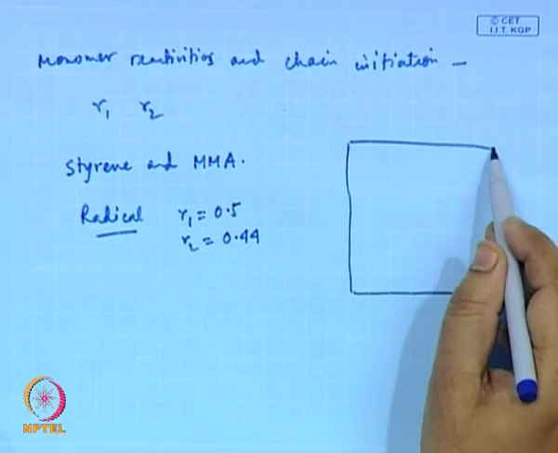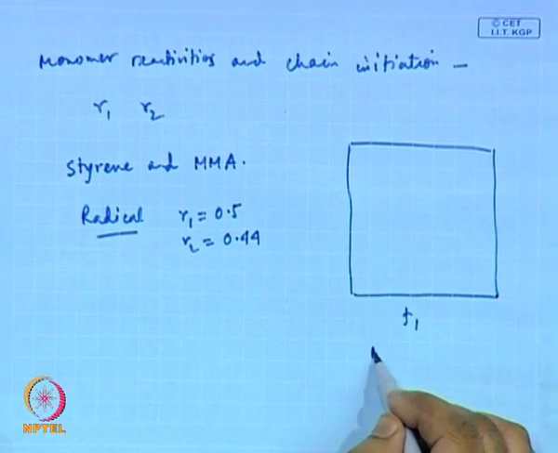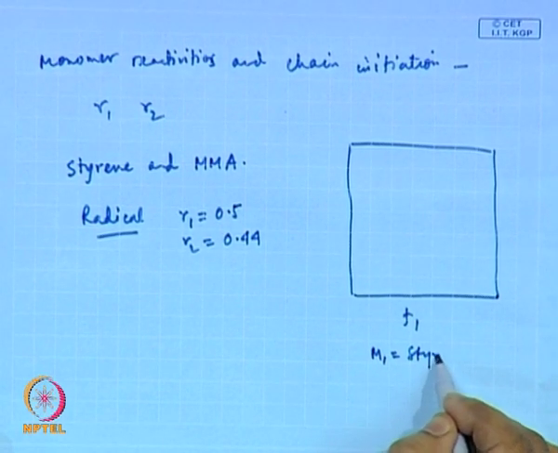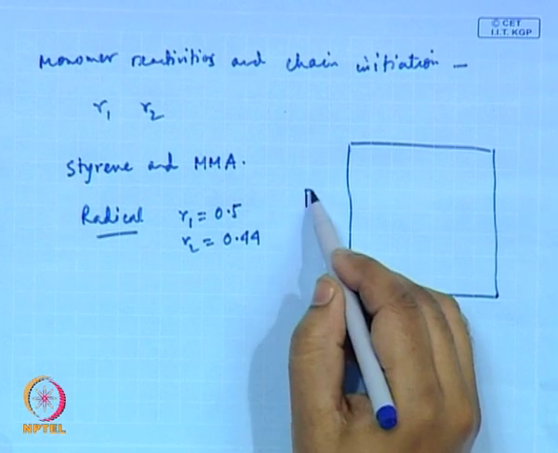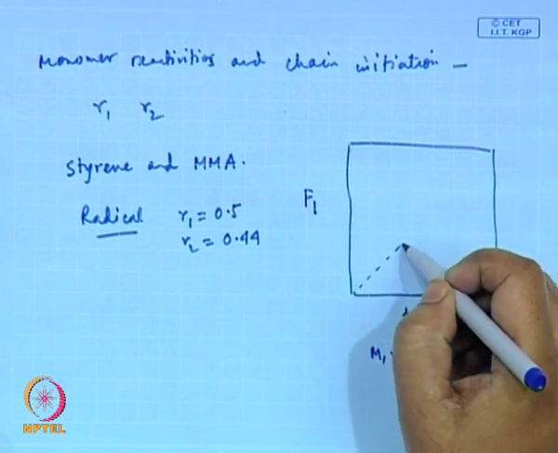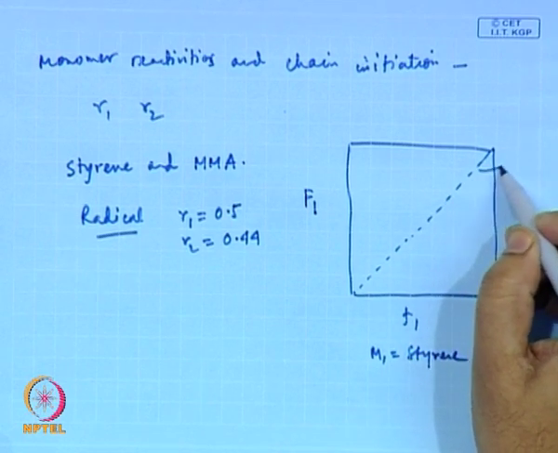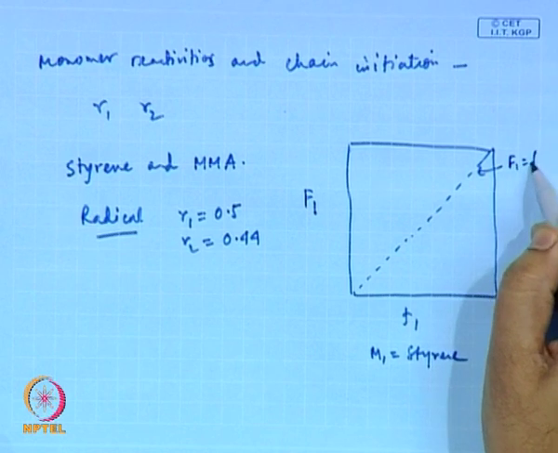So, if I plot F1, where M1 is styrene, against f1, that line corresponds to F1 equals f1.